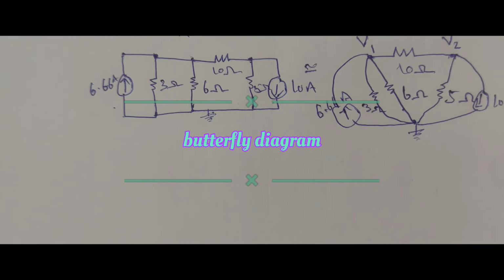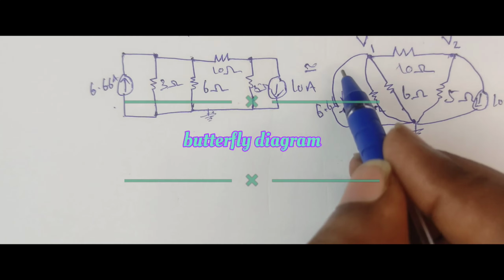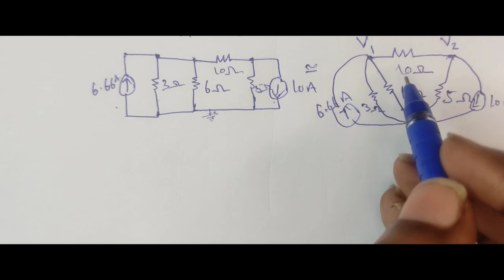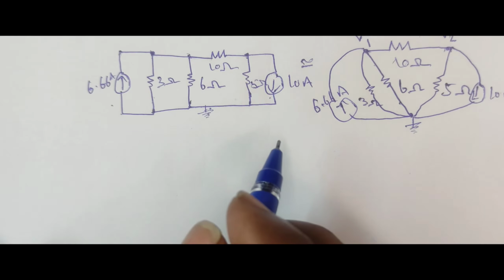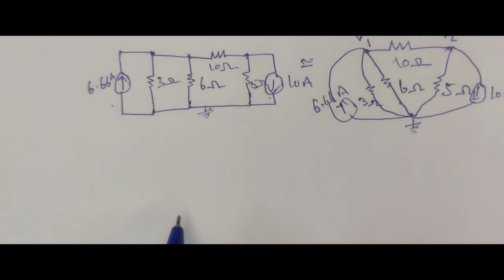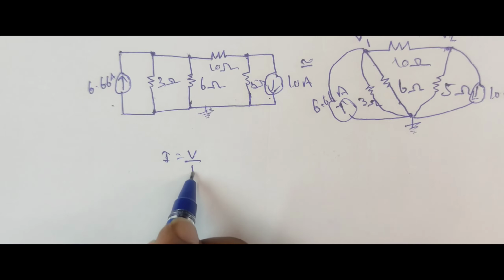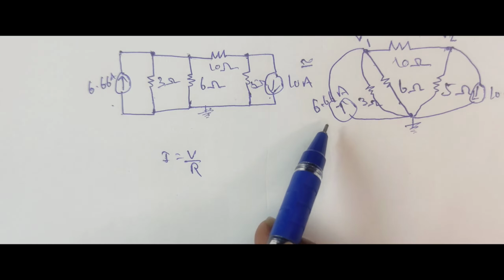Here we need to apply Kirchhoff's current law. During nodal analysis we apply the formula I equal to V by R, because here we have current sources.